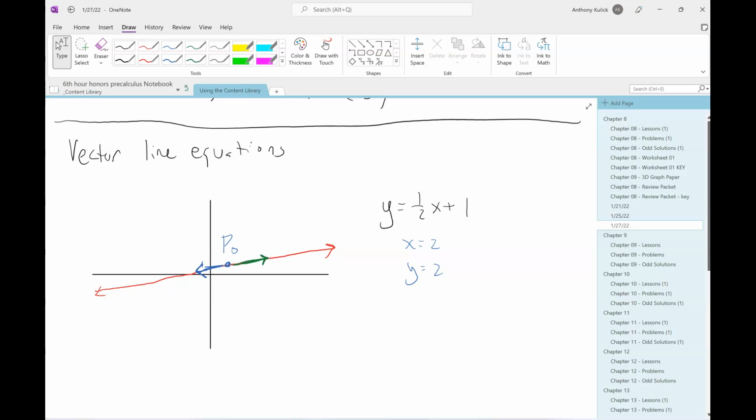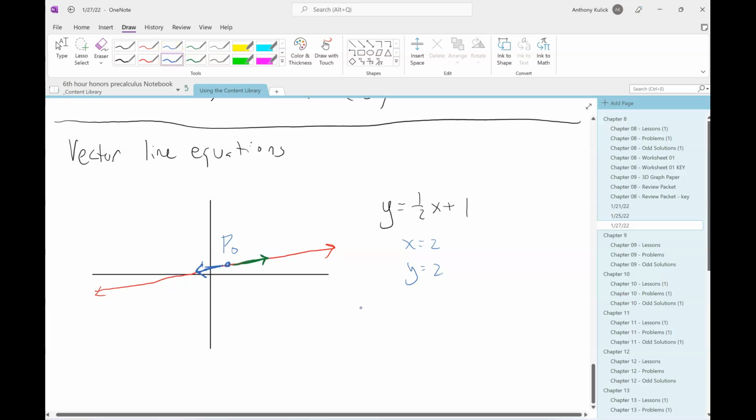So when we wrote an equation for a line way back in the day, we needed a point and a slope, right? So to write a vector line equation, we're going to need a point vector and a direction vector, which is basically like a point and a slope.